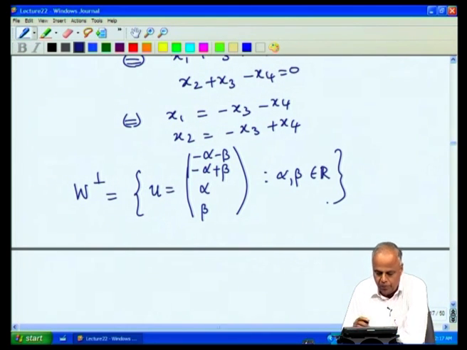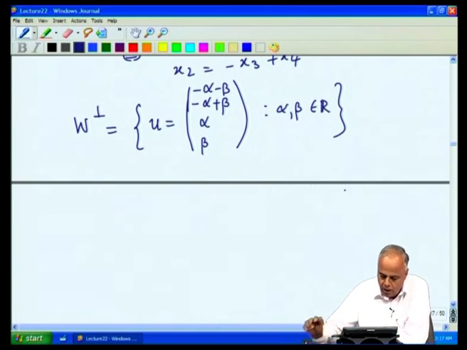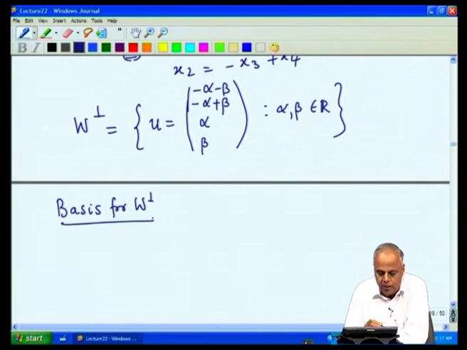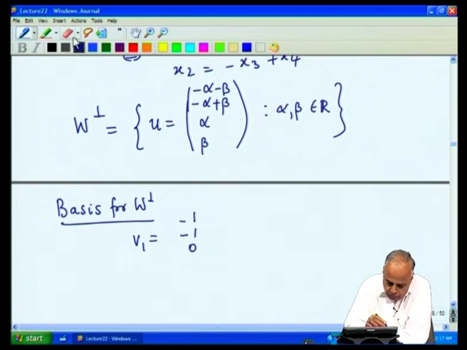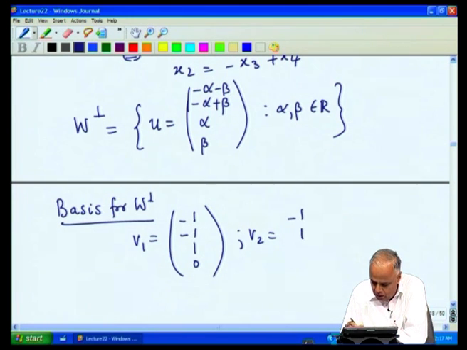And now it is easy to verify that this is a subspace of R k. Now, what is the basis? W perp being a subspace, a basis for W perp is given by V1, if we take alpha equal to 1 and beta equal to 0, we get minus 1 1 1 0, and V2 by taking alpha equal to 0 and beta equal to 1.